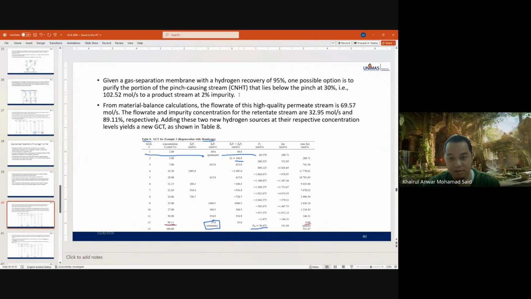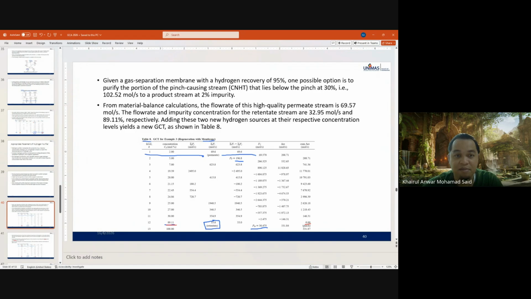So 102 is 30% impurities, and after the purification by membrane, the impurities can be reduced to 2%. That's better than the fresh hydrogen imported into the system.